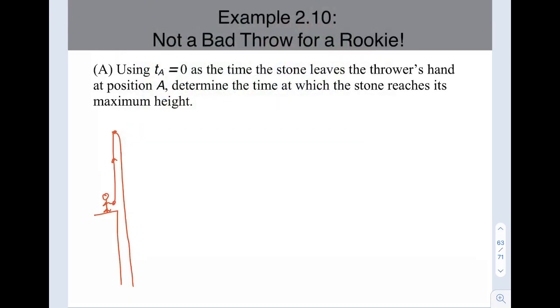At the starting point here, we take it as the origin. This is X, this is your Y. The acceleration of the stone along Y will be negative G, which is equivalent to negative 9.8 meters per second squared.